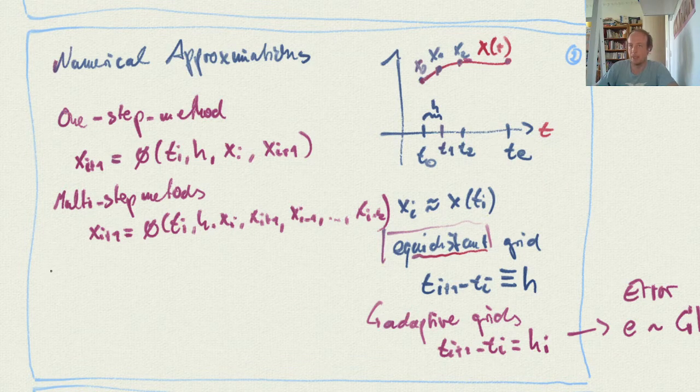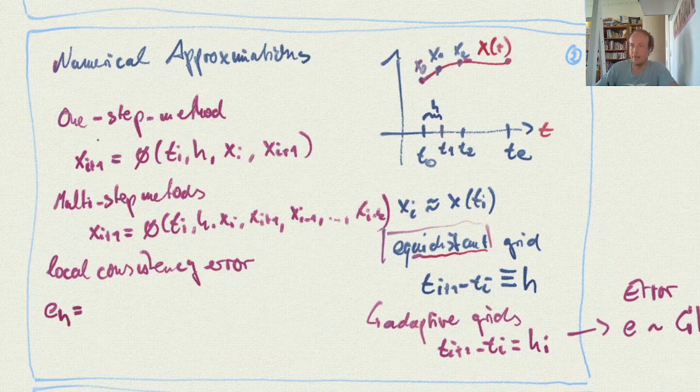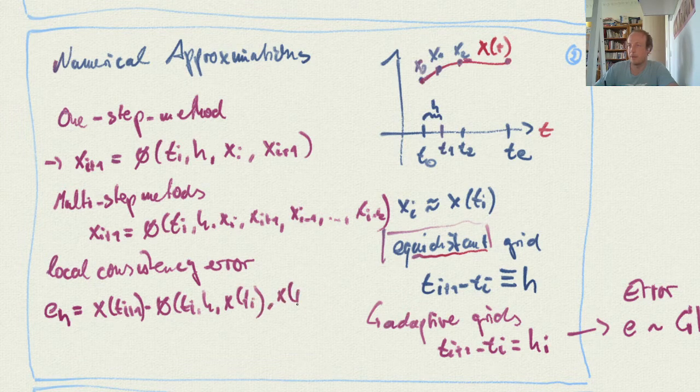We had the local consistency error, which is defined as Eh, basically putting in here the exact values: x of t(i+1) minus phi of ti, h, x of ti.